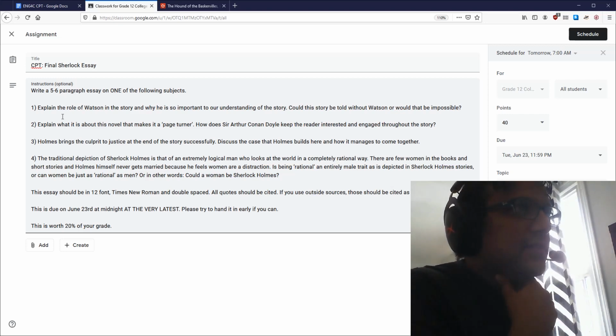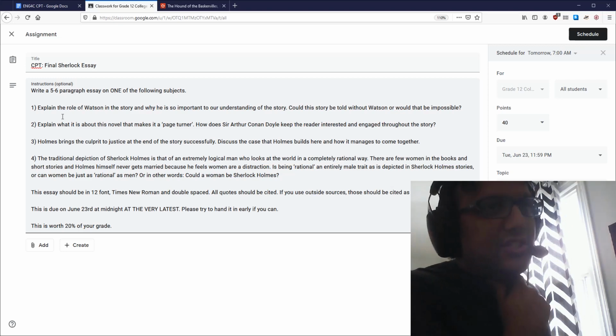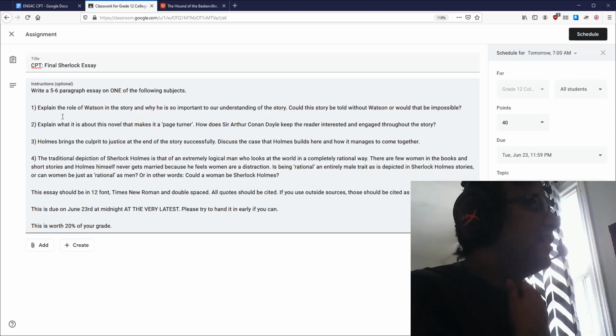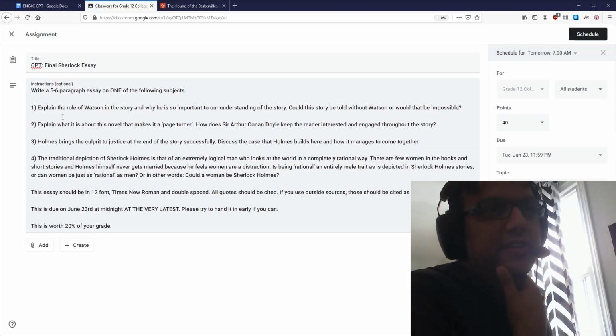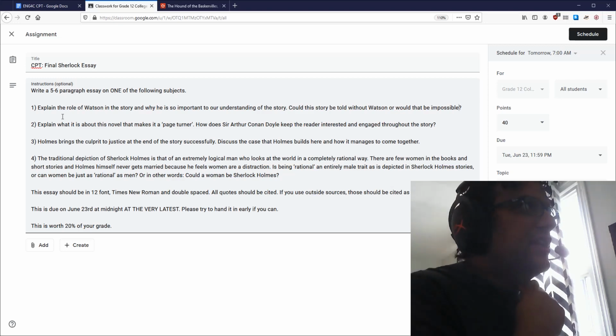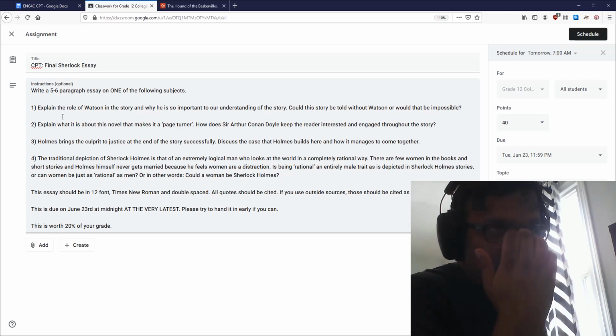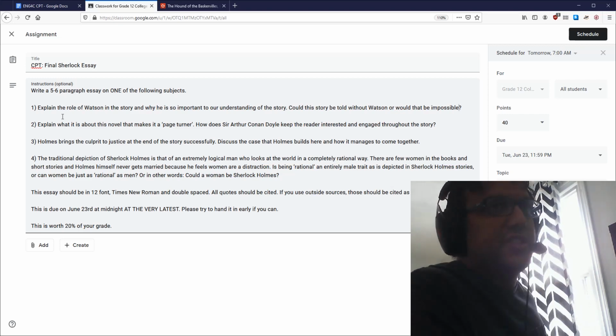We touched on this in one of the short answer questions, the role of Watson in the story. This one is really focusing on him and specifically what he does in the story, because Watson is more of the star of Hound of the Baskervilles than any of the other Sherlock Holmes stories.